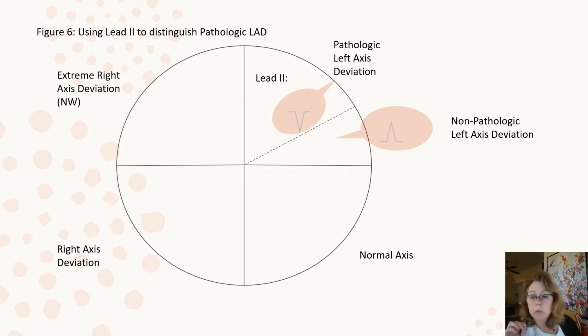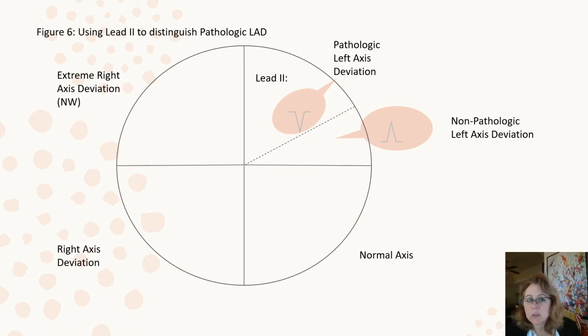And so when you look at lead 2, you're only going to do this if lead 1 is positive and 3 is negative, which tells you you have a left axis deviation. Now we look at lead 2 to determine if it is pathologic or not. And we call it pathologic if in lead 2 it is a negative complex. So you only check lead 2 when you already have a left axis deviation.